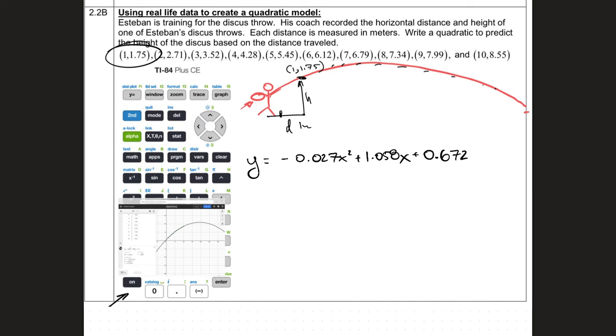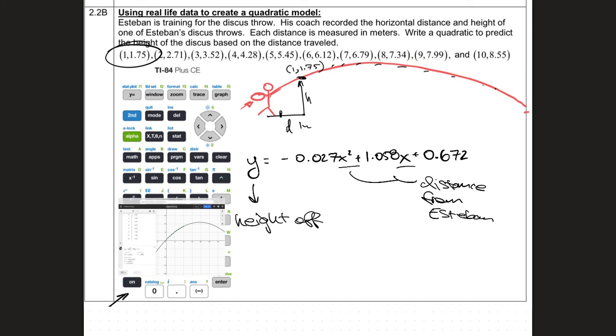And this is what we can use to predict. So we can find out how high it is when it's a certain distance away. And what you do is you just replace x, because this is the distance from Esteban. And this is the height off the ground.